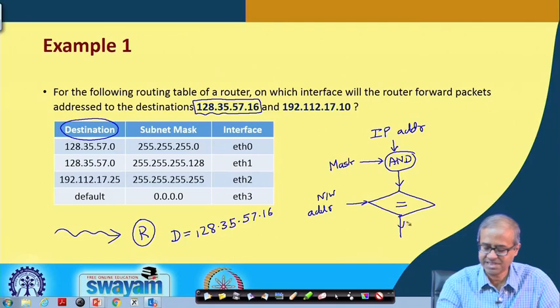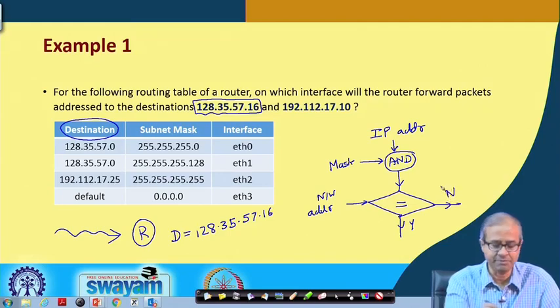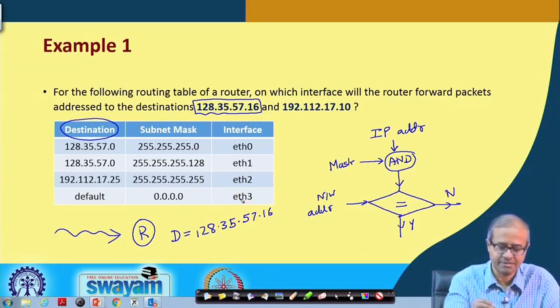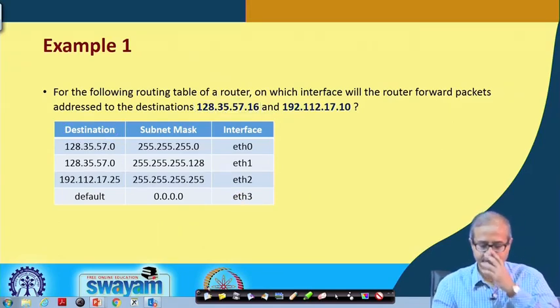So, if there is a match, yes, then we follow the outgoing interface, but if we do not find any match anywhere, then we will be taking the default route, it will be forwarded to ETH3, right.